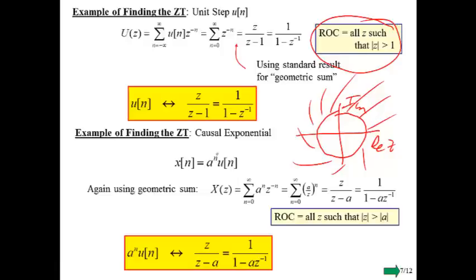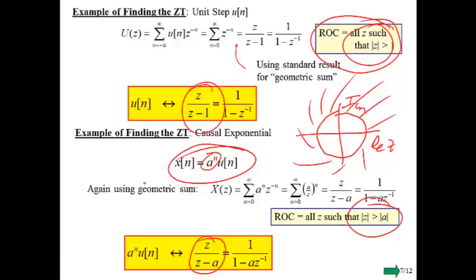Now we can see that if I let a be equal to 1, I get the unit step, and in fact this thing and that thing are then equivalent, and my region of convergence is equivalent. So in reality we could have just found this one and then specialized to the unit step case. Either way.